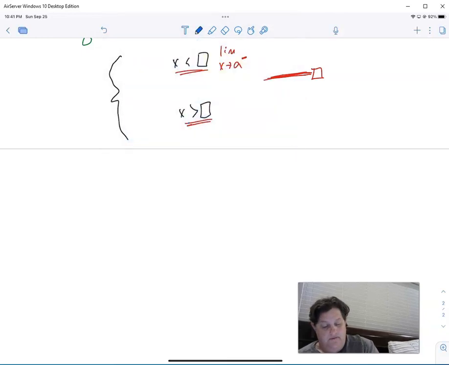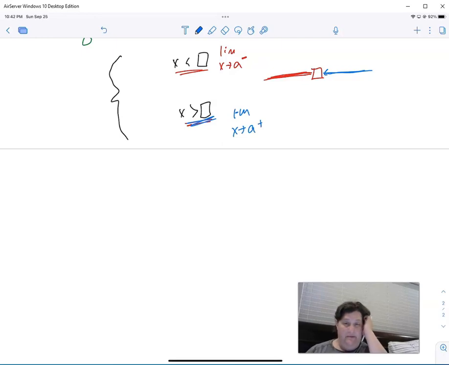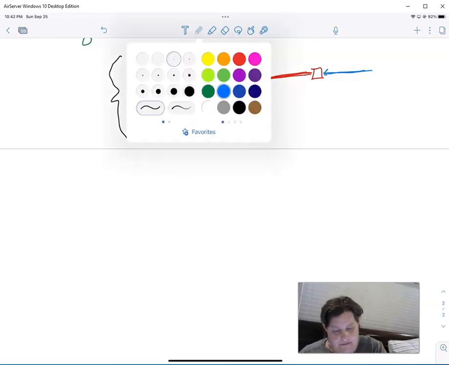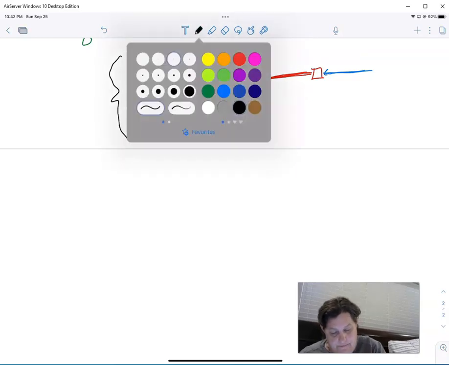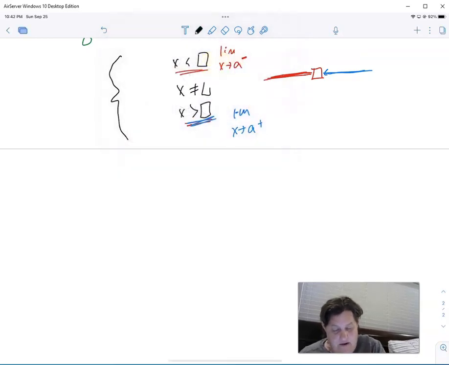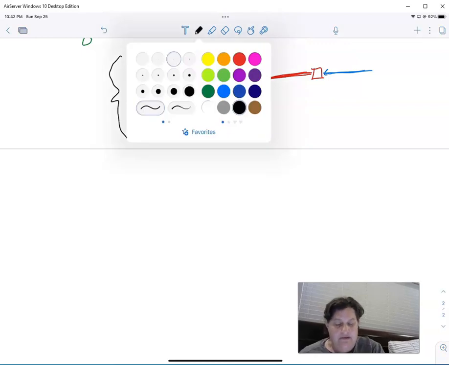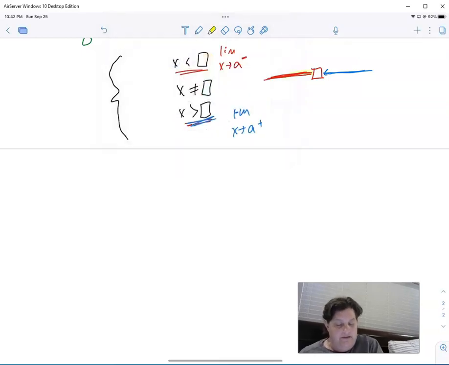If I'm greater than all these over here, on the right, that's a right-hand limit. If I have x cannot equal a number, does not equal represents everything but the number, so left and right.